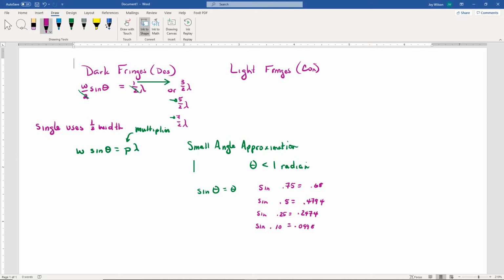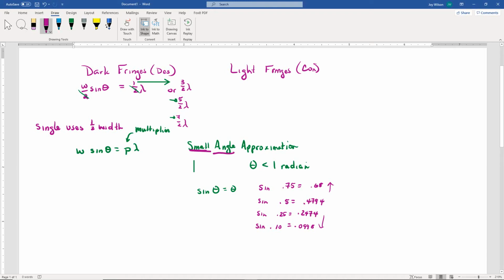And I think you can see that when we're looking at these, as you get closer to 1, they get worse. As you get closer to 0, they get much, much better. And remember, these are very tiny angles. We're talking about a slit width that is near the wavelength of light. So it's in nanometers. And then the angle that it makes is just literally in decimal places of angle.